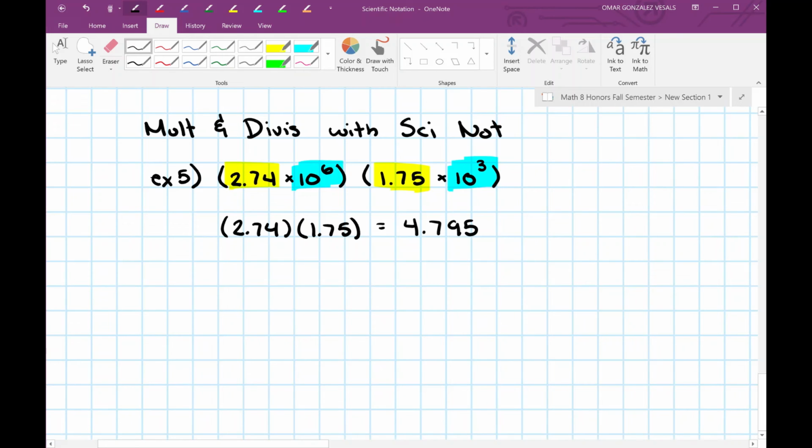Now, how do I deal with the exponents? We just have to add them. So the exponents are 10 to the 6th times 10 to the what? So it really becomes 10 to the 9th.